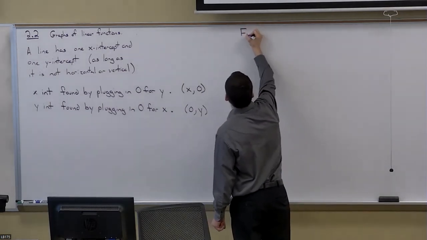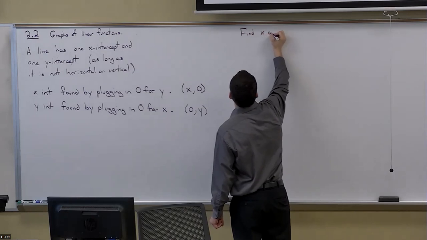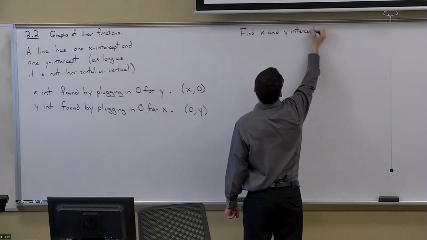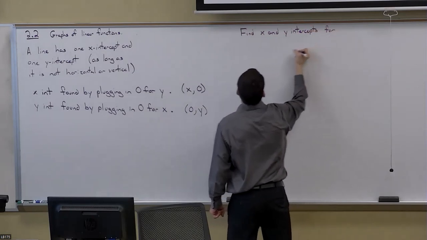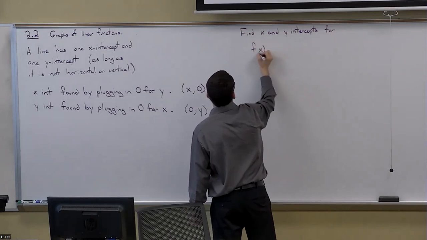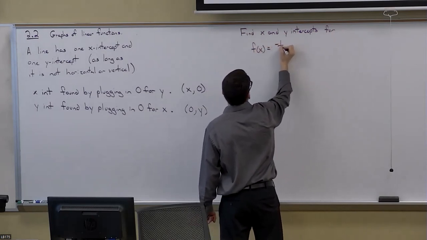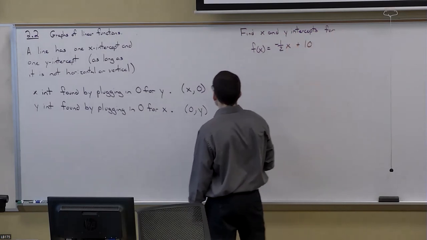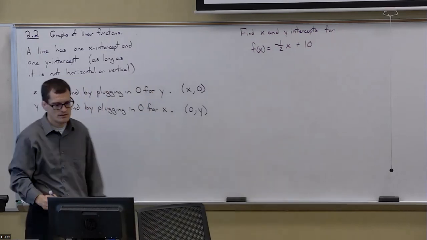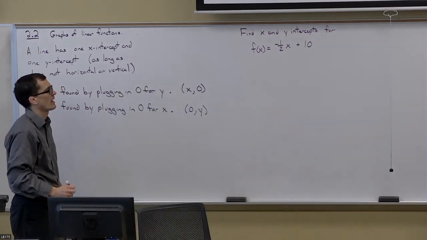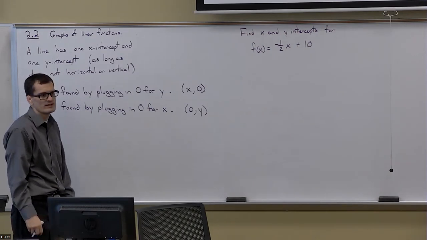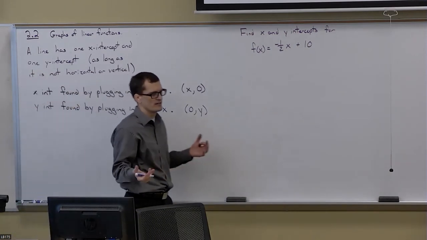So let's find the x and y-intercepts for, I'll use function notation, f(x) = -1/2 x + 10. Which one do we want to find first, the x or y? We've been finding the y's all the time.